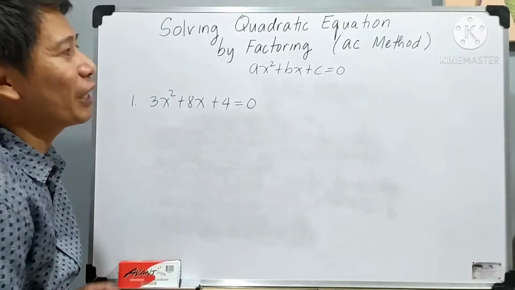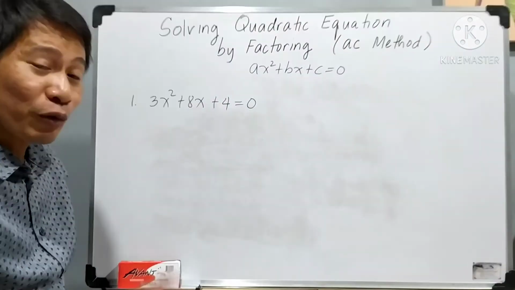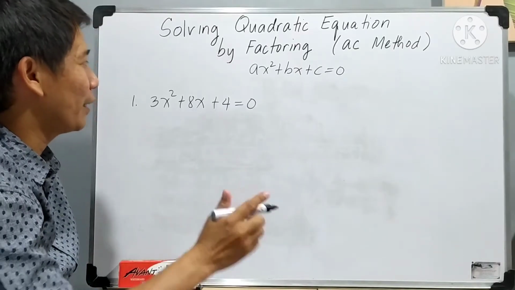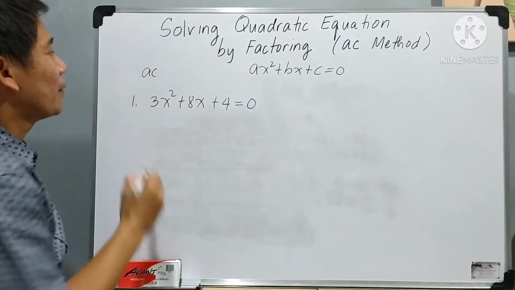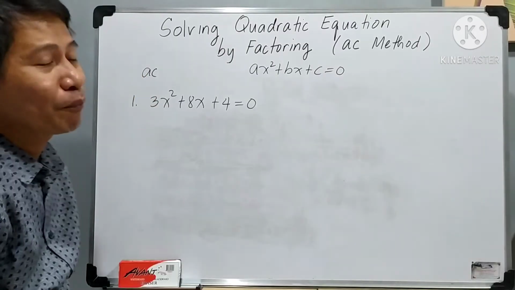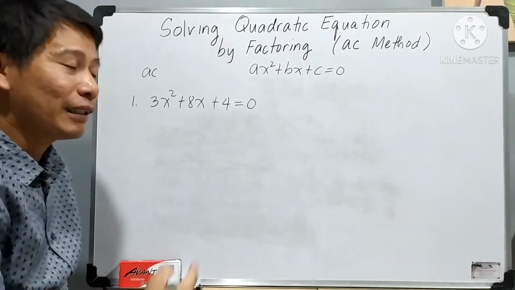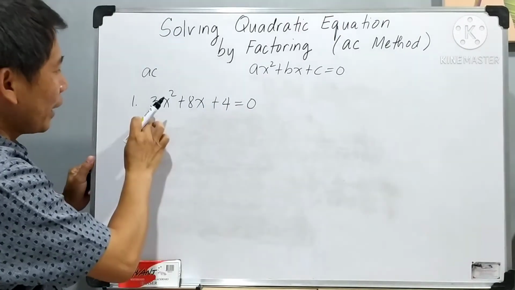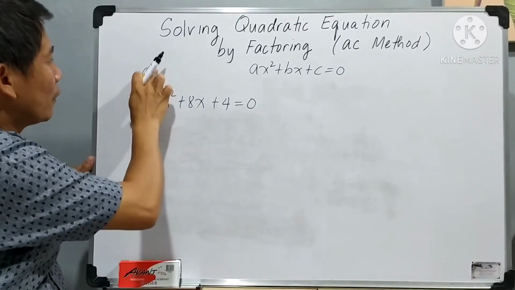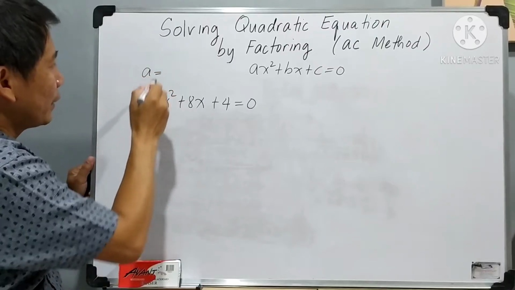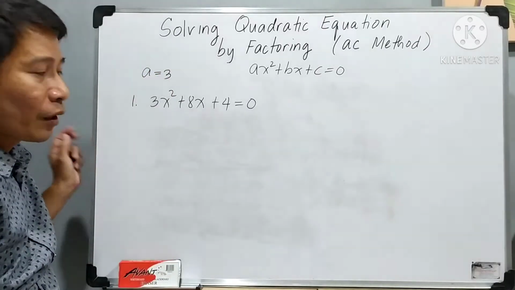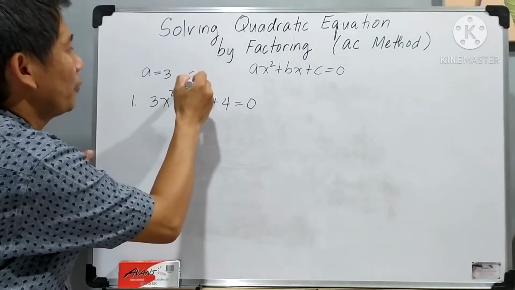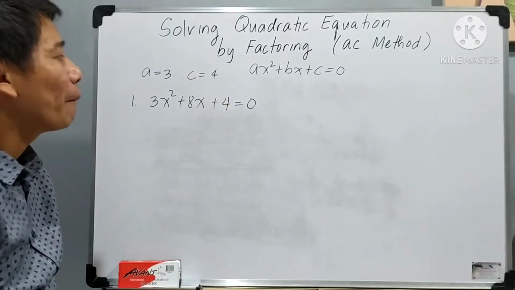So, paano ba itong AC method? So, kaya ko siya tinawag na AC method from the term itself, AC. Anong ibig sabihin ng AC? Product ng A and C. Take note, in our example here, ang A natin ay 3. So, our A is 3. Okay? And our C is the constant term C, which is 4.